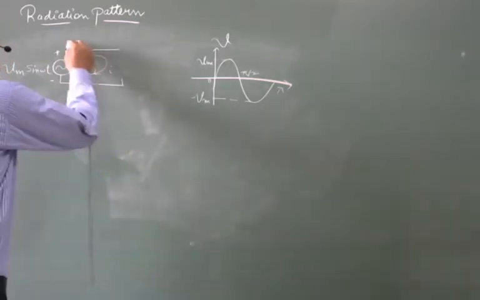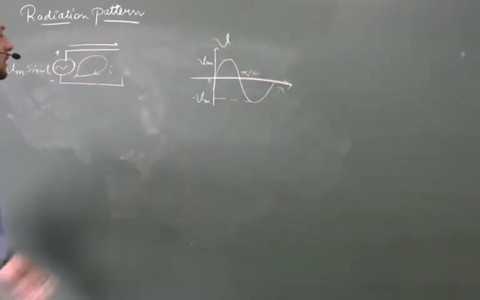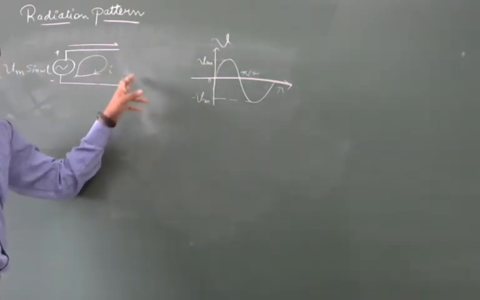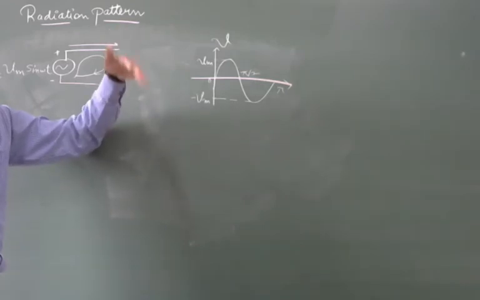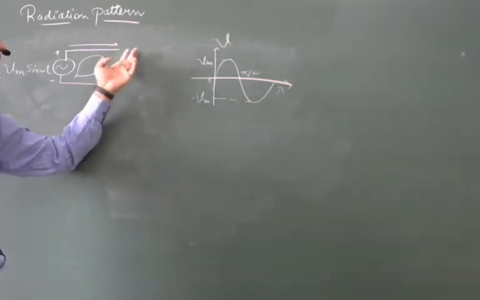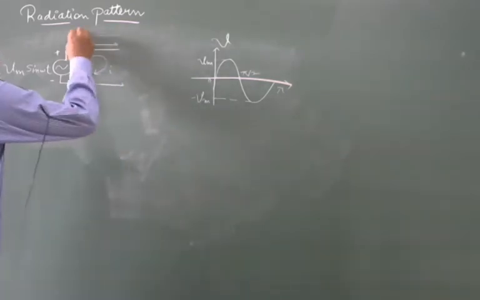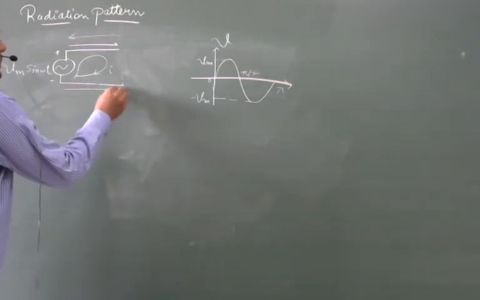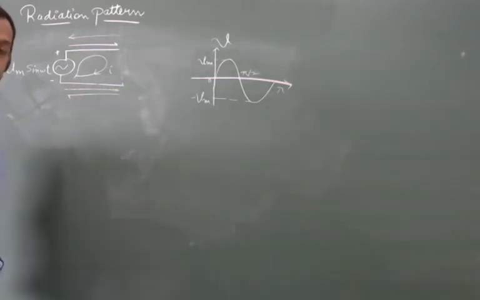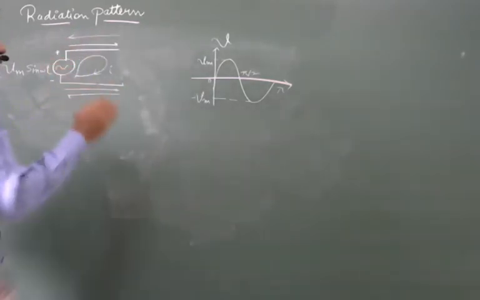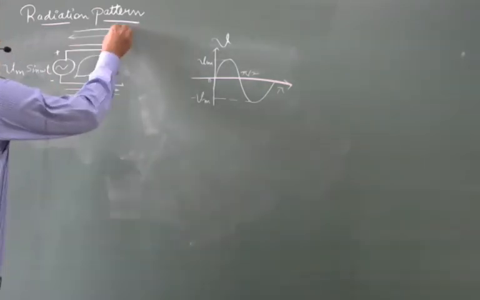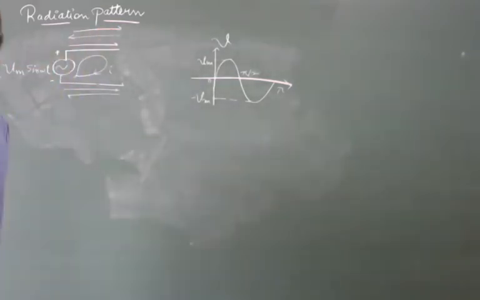The current flows, but it does not get any dissipating element to dissipate, so it returns back. Again the polarity changes, it will go in this direction and then return back. So the same process for every sinusoid cycle is continuous, it will go and return back.